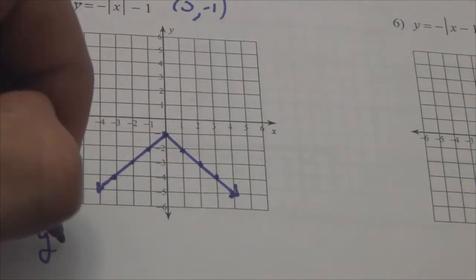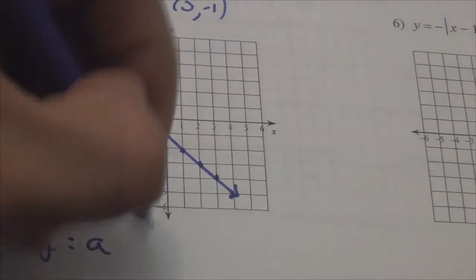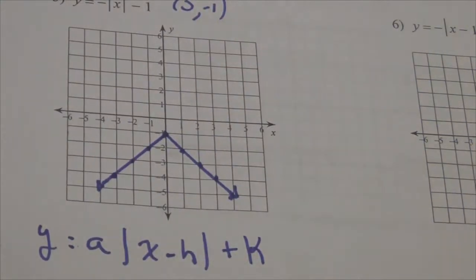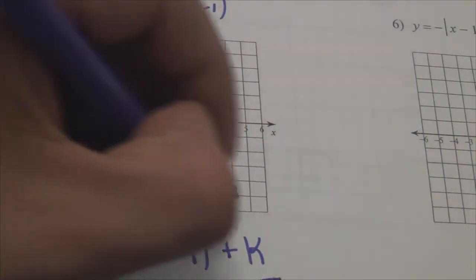So now you know that, and let me write it again in vertex form. y equals a absolute value of x minus h plus k. All right, that is the true form right here.